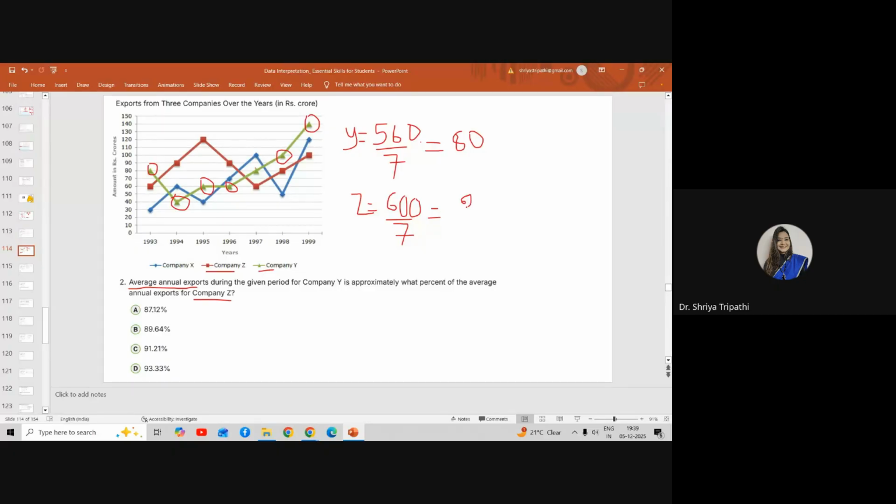Seven eights are 56, 80, 5.7 something. Have we reached till here, everyone?